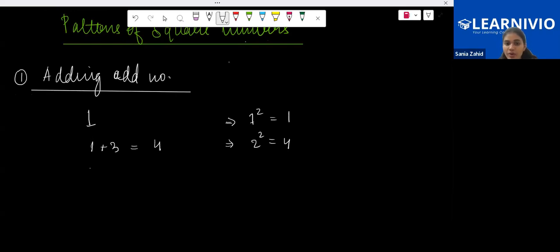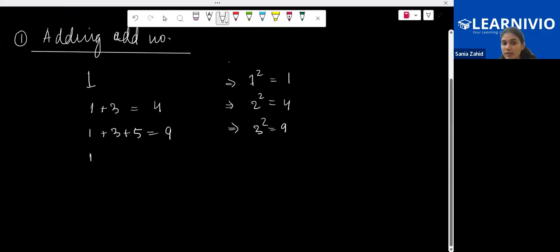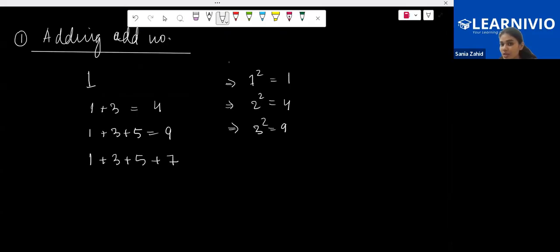Okay, what is the third odd number? 5. So it becomes 1 plus 3 plus 5, which equals 9. 9 can be expressed as the square of 3. 3 square is 9. Then what is the fourth odd number? 7. So 1 plus 3 plus 5 plus 7 equals 16.